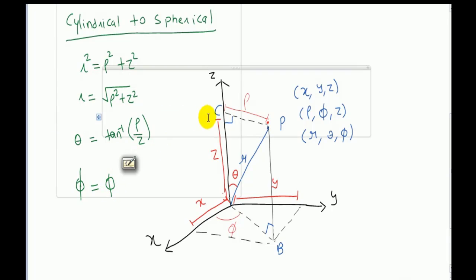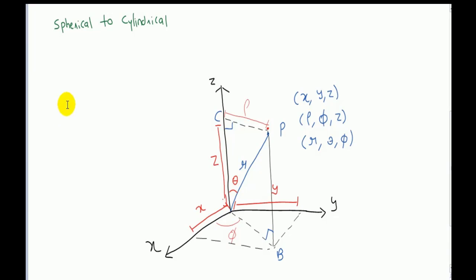Now if you want to do the opposite, that is from spherical to cylindrical, we will be relating rho, phi and z in terms of r, theta and phi. So if I project this line OP on the xy plane, it will be r sine theta, and this distance is already rho.